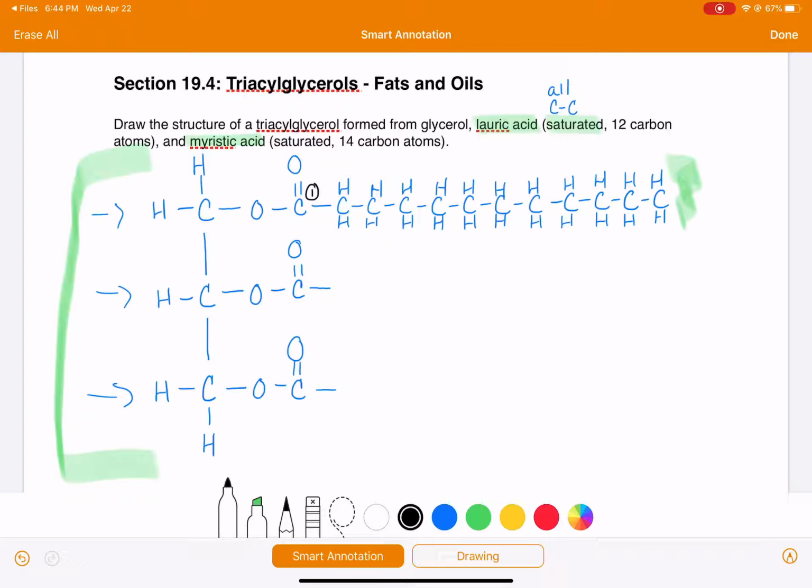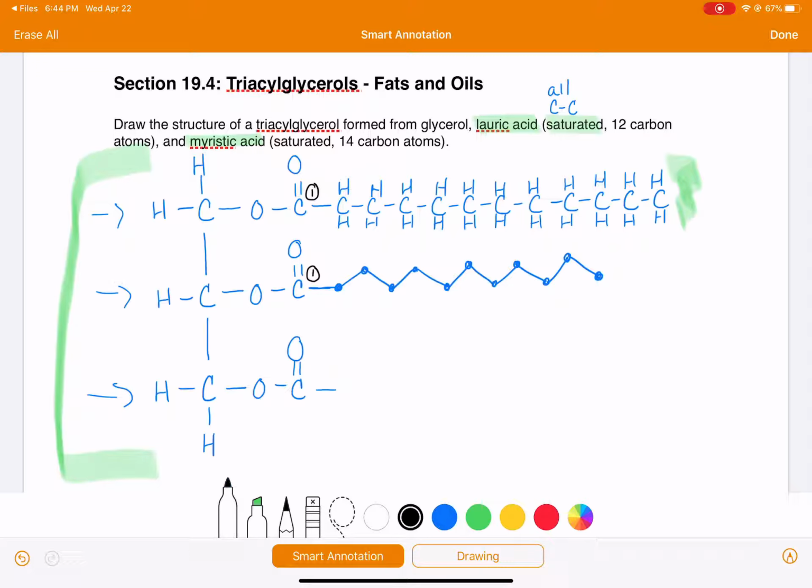So for my next one, in the next position, I'm going to draw lauric acid again. And again, that's going to be my carbon number 1 in my line structure. Here's carbon number 2, 3, 4, 5, 6, 7, 8, 9, 10, 11, 12. So there they are.